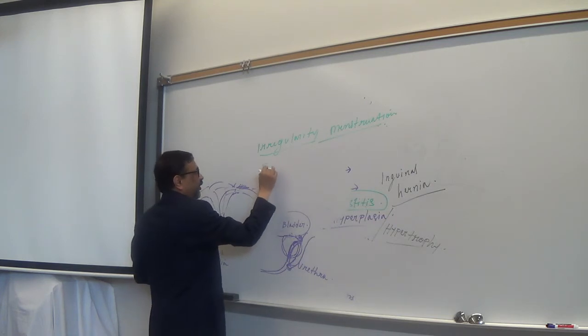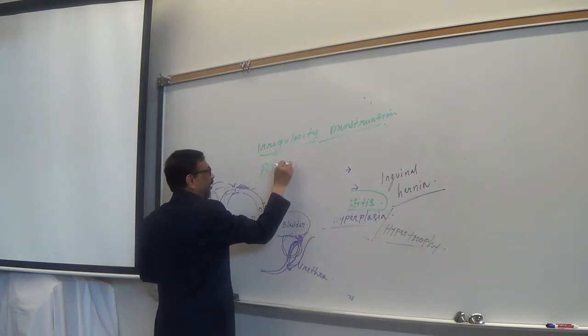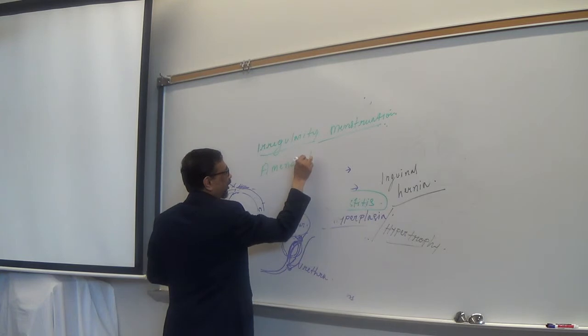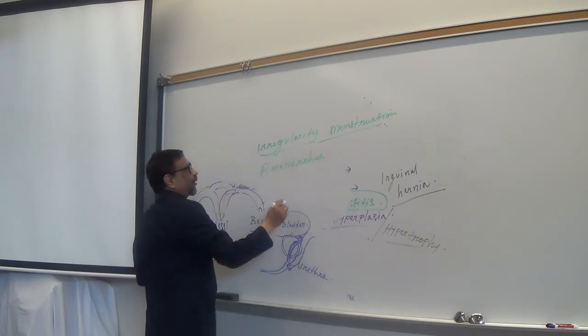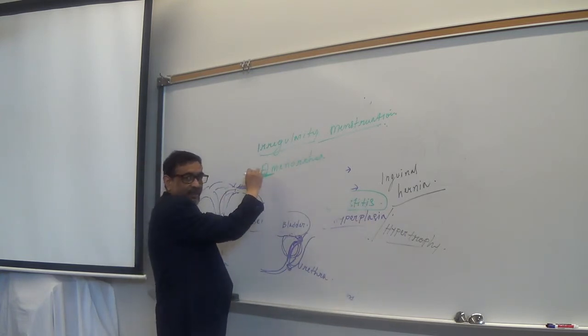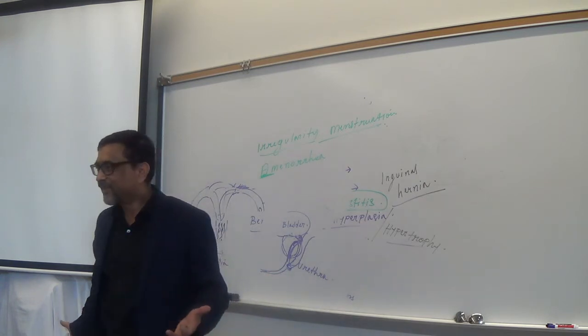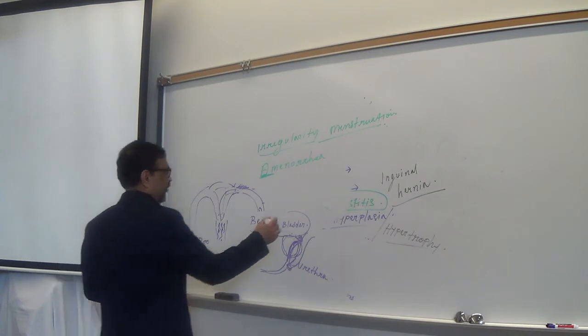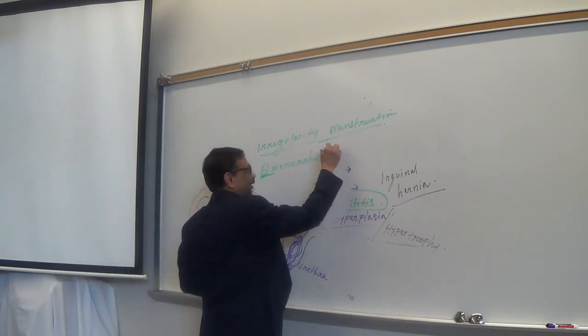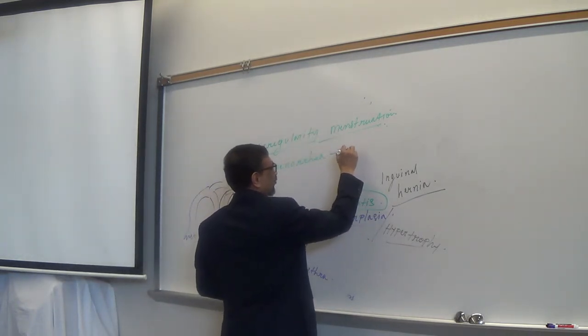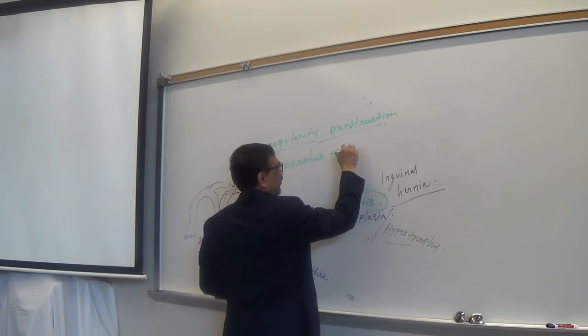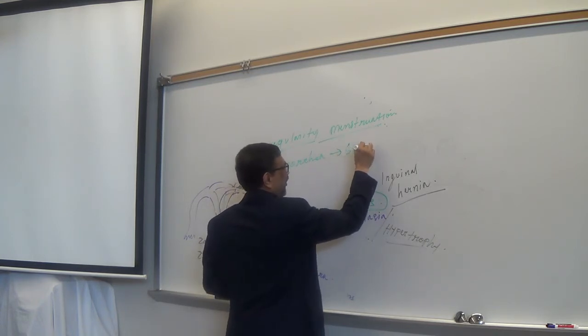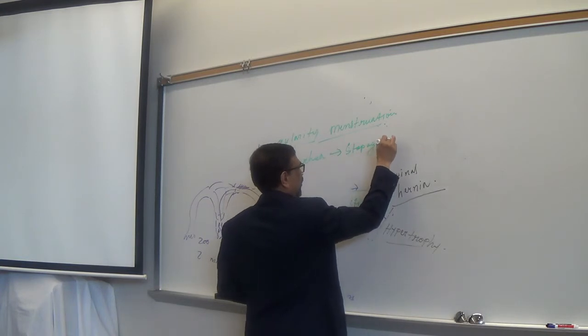The term we use is amenorrhea. A indicates what? You already know, right? Absence. Okay. So if menstruation is stopped, not happening, that is amenorrhea. Stoppage of menstruation.